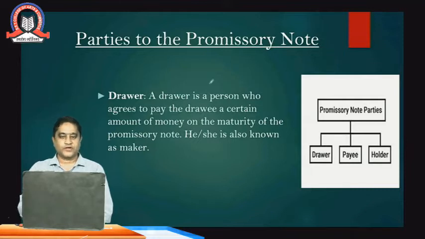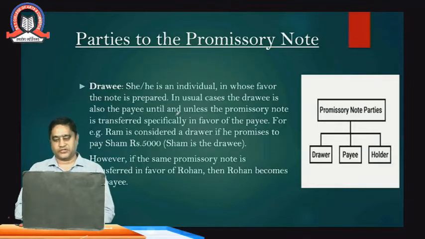A drawer is a person who agrees to pay a certain amount of money on the maturity date of the promissory note. He is also known as the maker, and the amount is certain in nature. Drawee is an individual in whose favor the note is prepared.